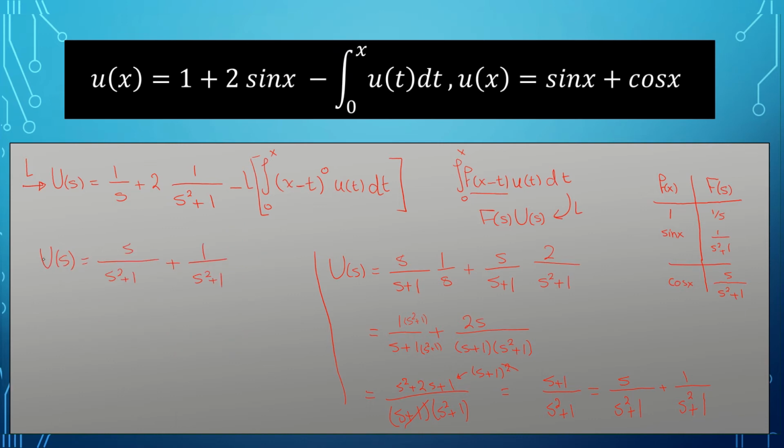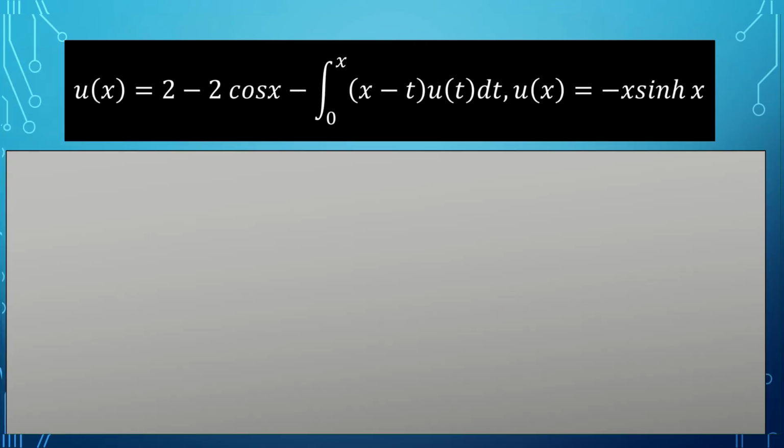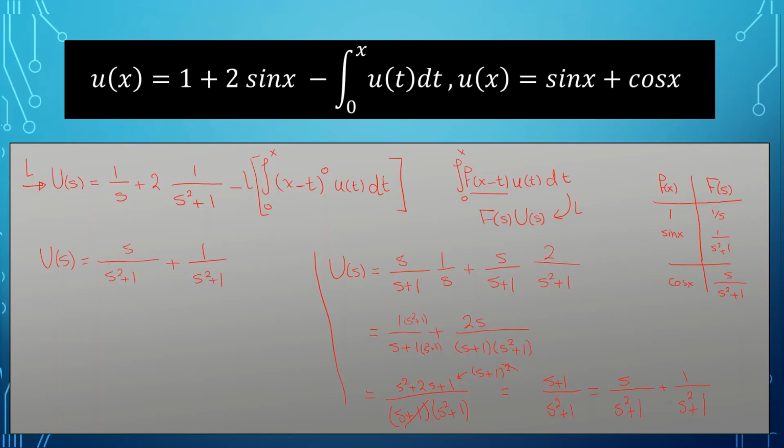So now we have U of s on one side, and we have this very explicit form. As we can see, the first form here is for cosine x, which is s over s squared plus 1, and we have 1 over s squared plus 1, which is for sine x.